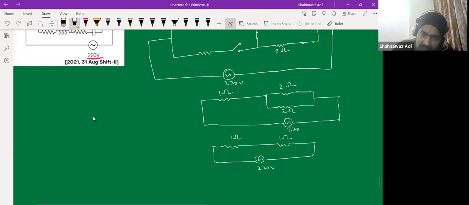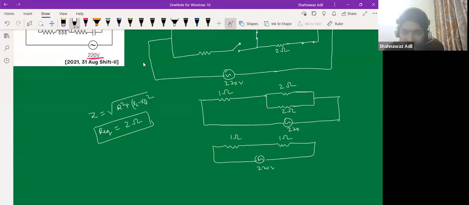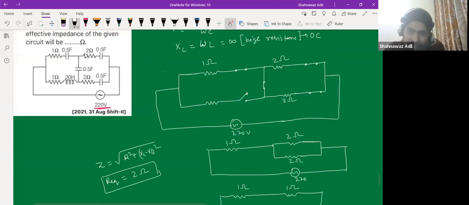So impedance is simply the square root of R squared plus (XC minus XL) whole squared, right? And we don't have any XC and XL in the circuit. So impedance would always be equal to this R equivalent. So R equivalent would be how much? That would be simply 2. So this would be the impedance, right? Is it clear, guys?